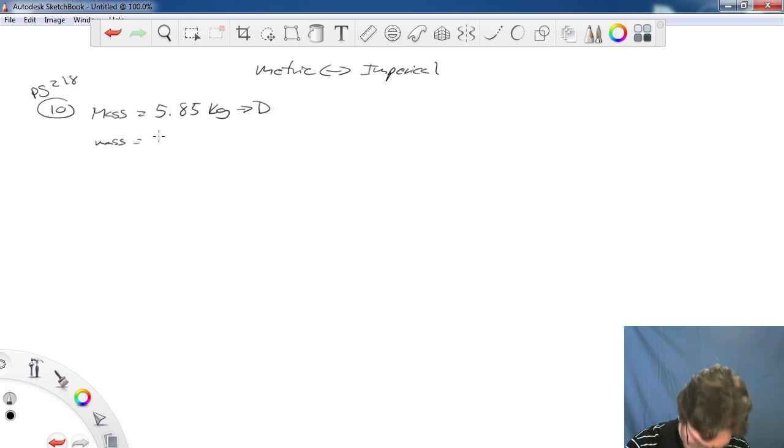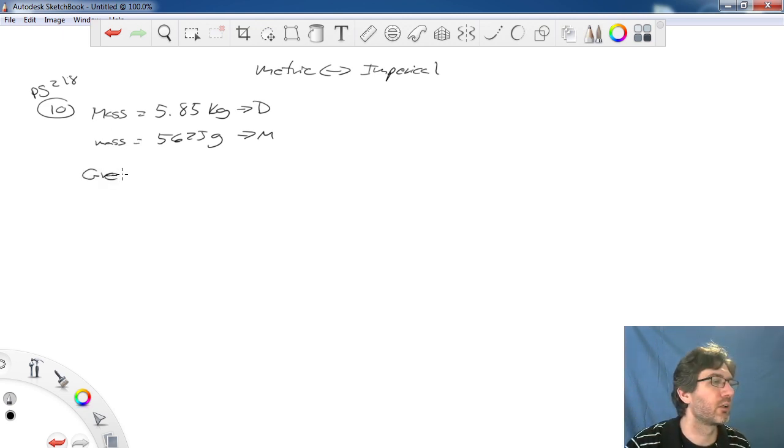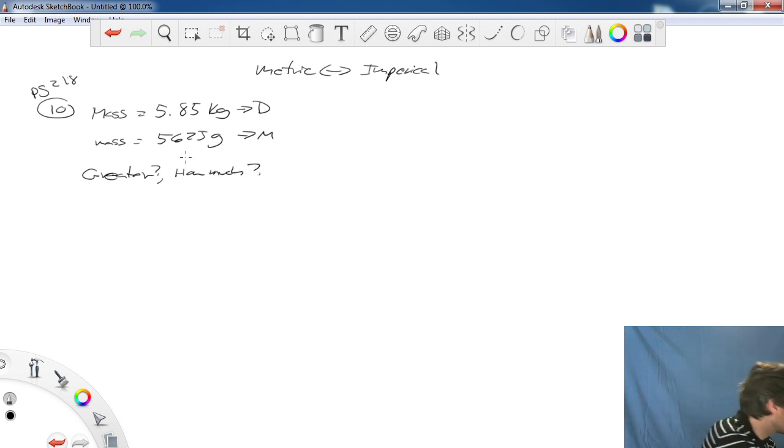You have a mass of 5,625 grams. This is a math book. And it's asking greater mass. So which one's greater, and by how much? So you're just comparing the two.